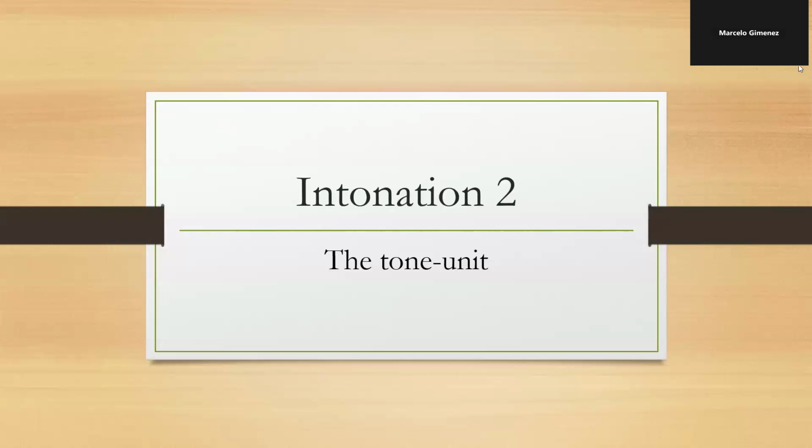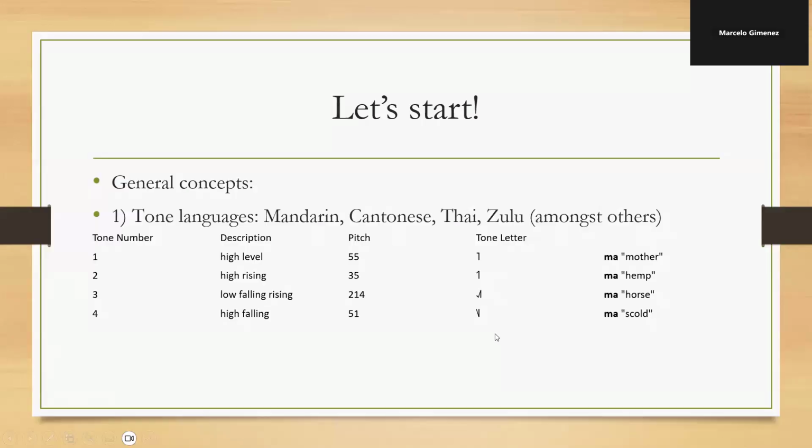So let's see some general concepts. Tone languages. There are some languages in the world, and I've just listed some examples: Mandarin, Cantonese, Thai, and Zulu. These languages use tone to change the meaning of words.